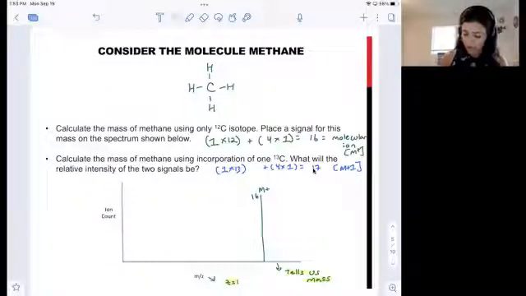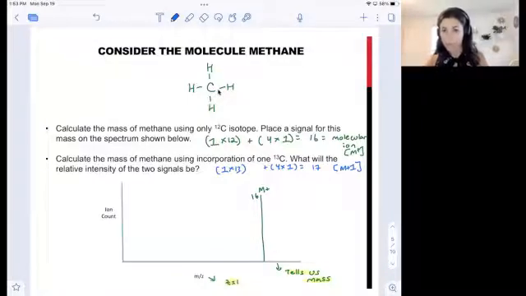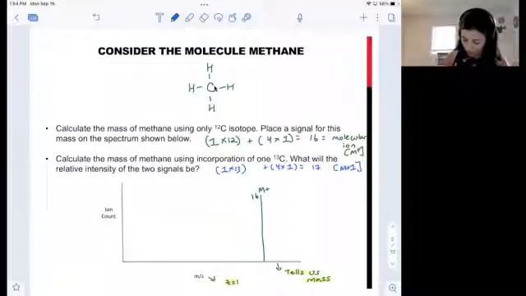We call that signal the M+1 since it's one mass unit higher than M+. The height of that signal should reflect the isotopic abundance and the number of carbon atoms. I have 1% per carbon, and I only have one carbon in my structure. So I tend to see this as a smaller signal at about 1% the height of the 16.